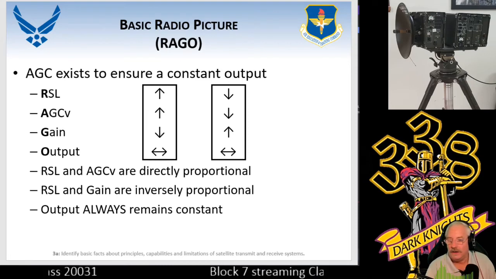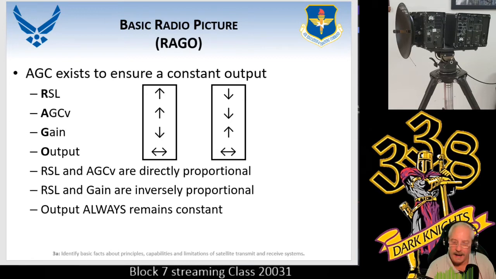And of course, let's do the reverse: if you have a plane sitting on a runway getting ready to fly off, it's going to be maximum, so you're going to have to turn the volume down. As the plane goes out further, when they're still talking, you're going to have to start turning that volume up.